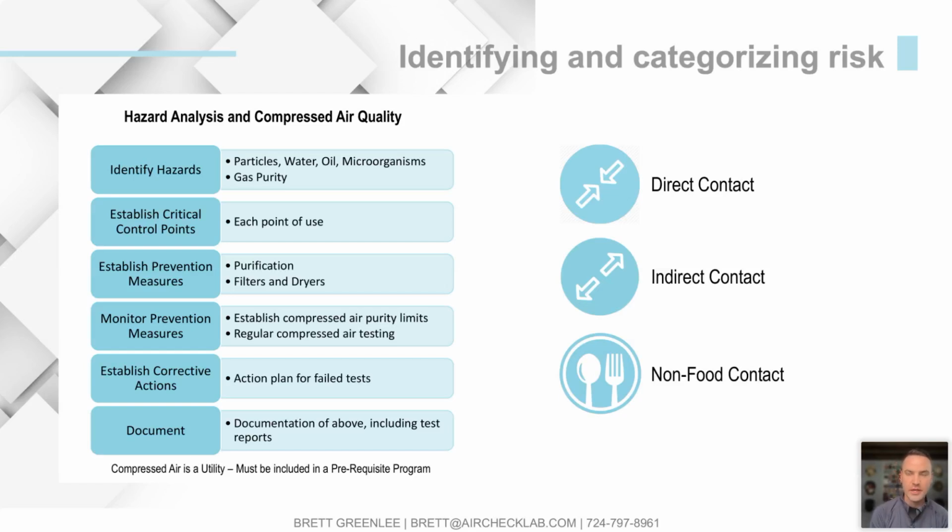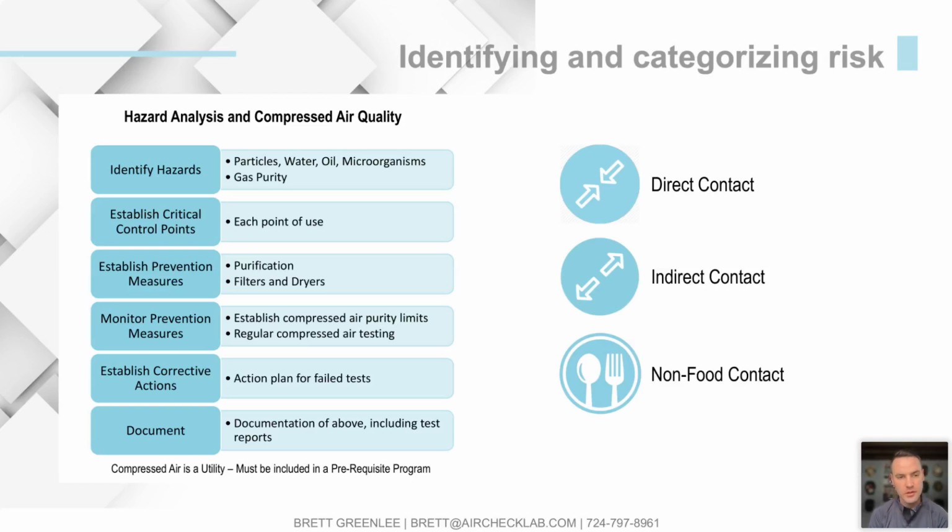If you're using a pure gas system such as nitrogen, the nitrogen purity is of great concern. So we're also looking for contaminants such as gaseous contamination that shouldn't be in your pure gas. But what we need to do before anything is establish our critical points.